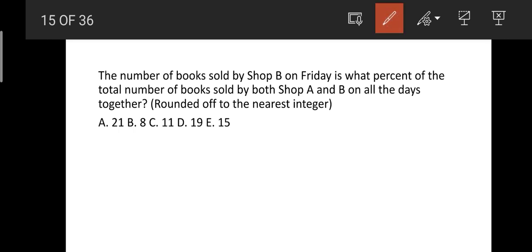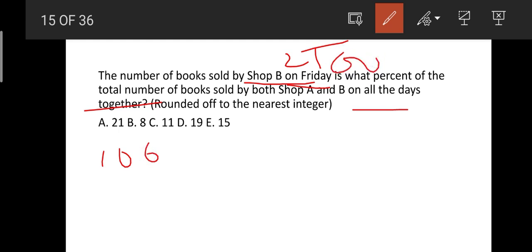See friends, they have given here: the number of books sold by shop B on Friday is what percent of the total number of books sold by both shops A and B on all the days together. Okay friends, the number of books sold by shop B on Friday is nothing but 25 books, and the total number of books sold by A is 106 and sold by B is 112.